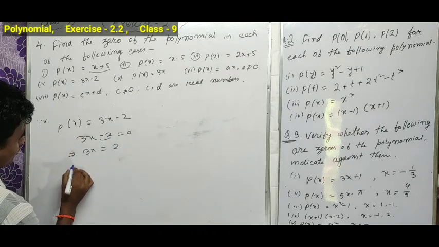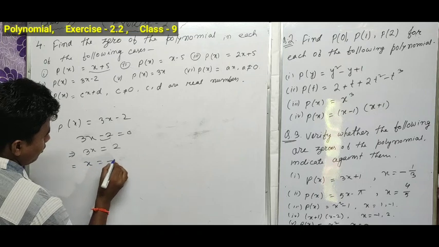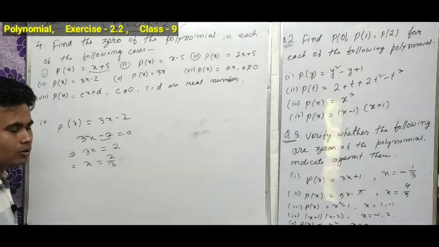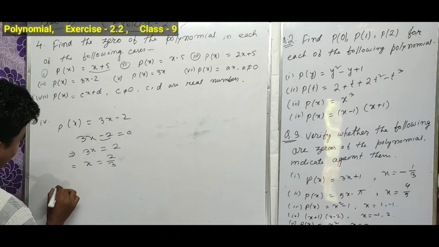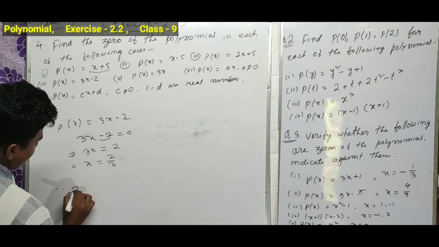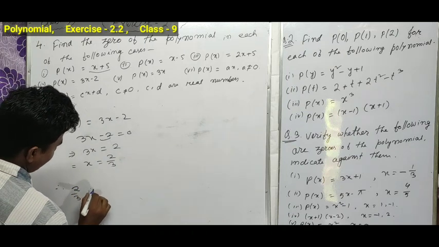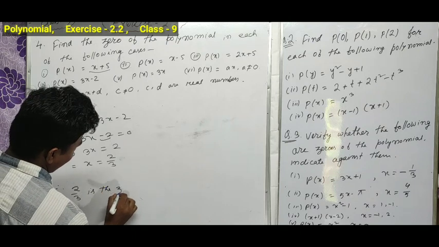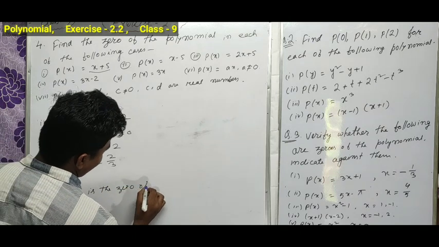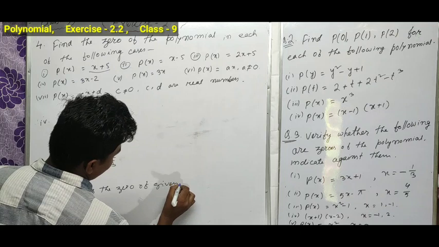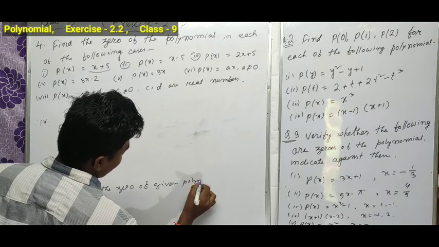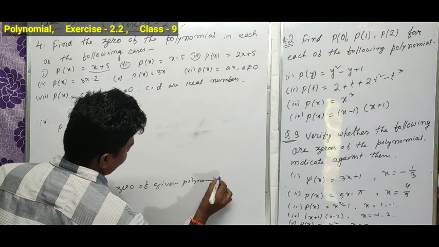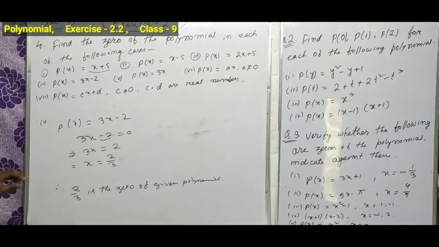Then x will be 2 by 3. Therefore this 2 by 3 is the zero of the given polynomial.